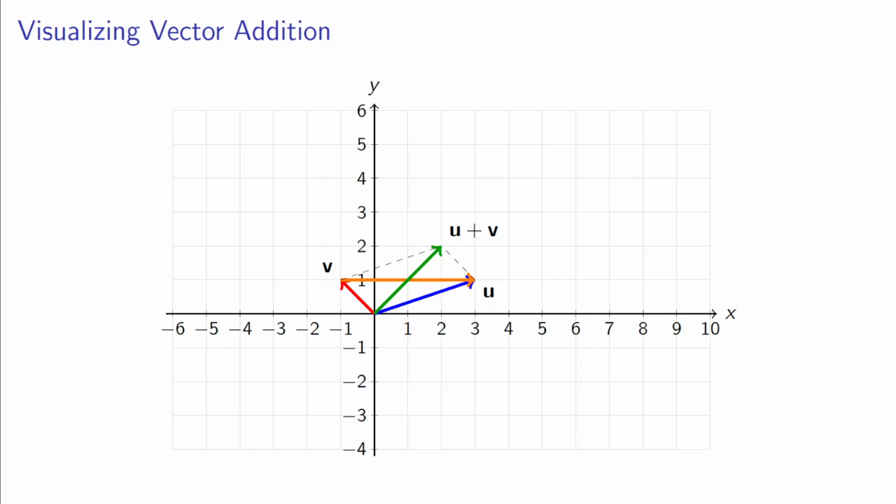There's u plus v, and we can see that u minus v forms the other diagonal of that parallelogram. So that parallelogram is an interesting thing. It gives us both u plus v and u minus v as the two diagonals. This is something that we'll continue to explore as we move further in the course.